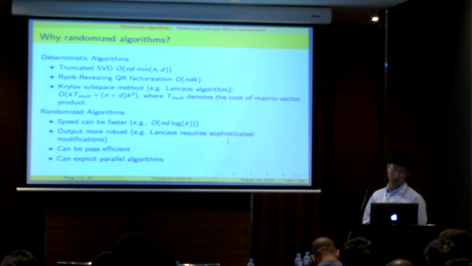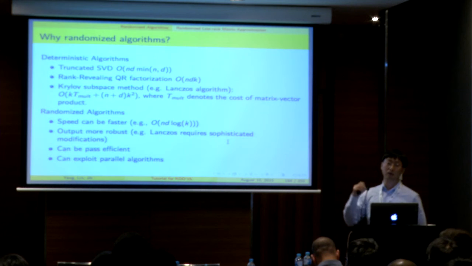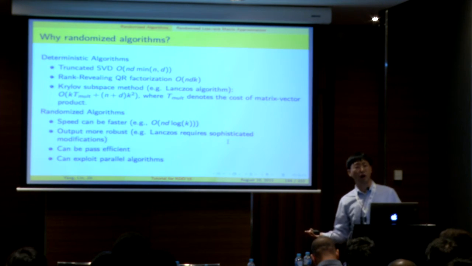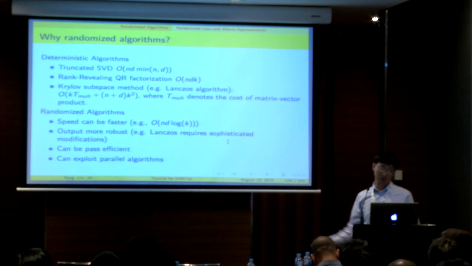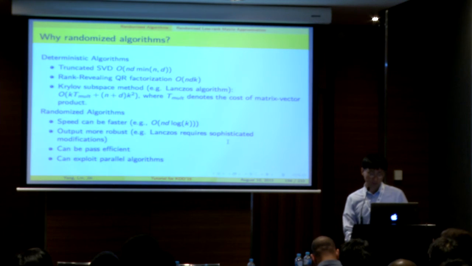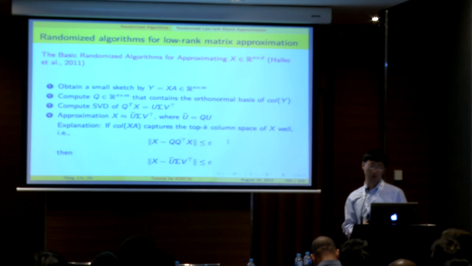Also the output is more robust than the deterministic algorithms, and it can be pass efficient. If your data matrix is too large to be loaded in memory, you do not want to load the data matrix several times into the fast memory, and the randomized algorithm is usually pass efficient. Also, as I mentioned before, randomized algorithms allow us to explore parallel algorithms. So here I present the very basic version of the randomized algorithm.